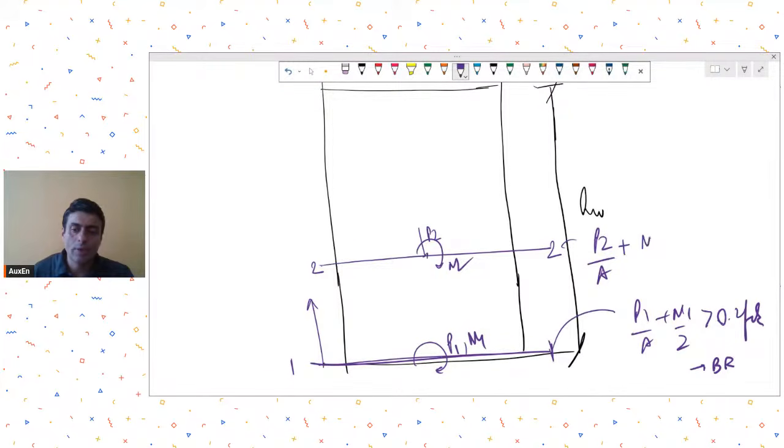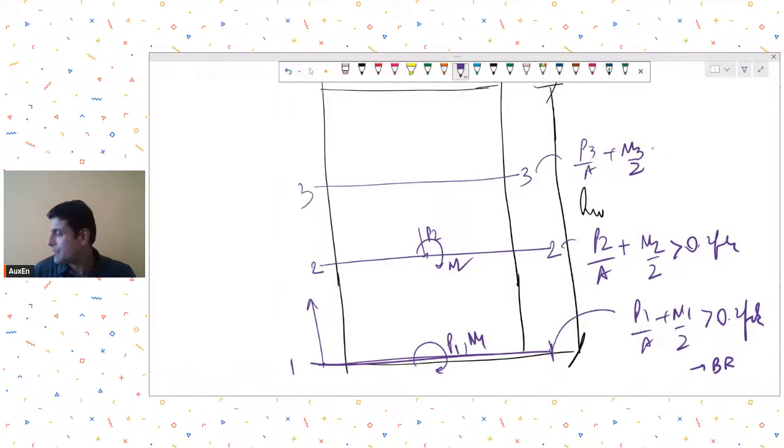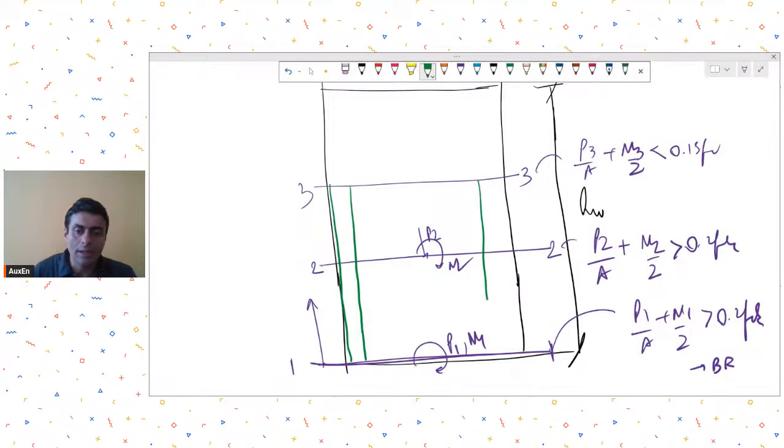So P2 upon A plus M2 upon Z. Now if this is still greater than 0.2 fck, then at this section also you need a boundary element. At this section 3, if your stress level becomes less than 0.15 fck, then you need not provide a boundary element. So that means you will have to continue the boundary element along the height till section 3.